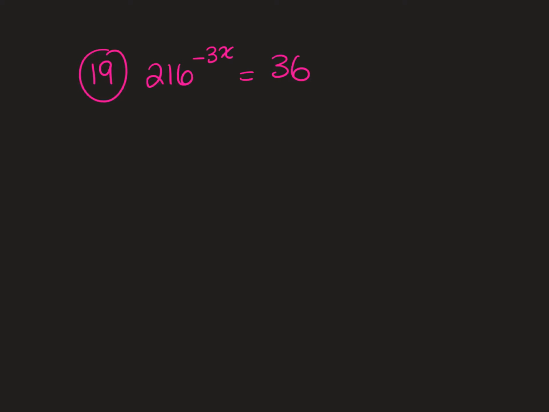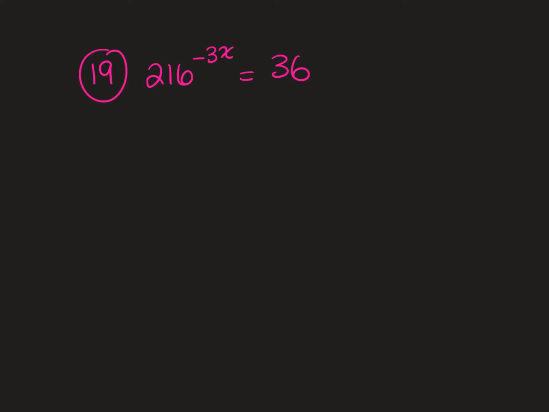My question is, what number could I raise to a power that's going to give me 36, but then a different power of that same base would give me 216?